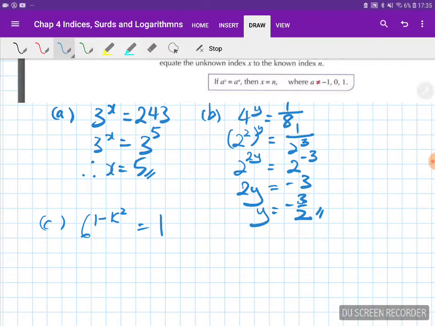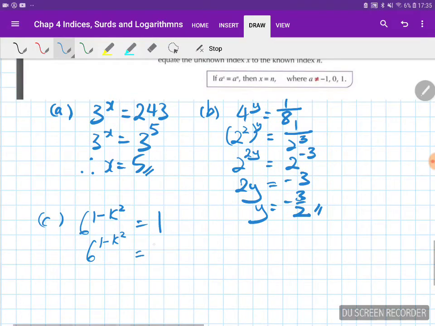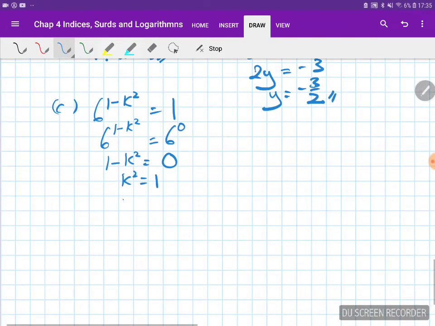In this case, since the base is 6, we use 6 to the power of 0, because 6 to the power of 0 equals 1. Now since both sides have the same base, 1 minus k squared equals 0, k squared equals 1. Square root, it will be plus and minus 1. Don't forget your plus and minus.